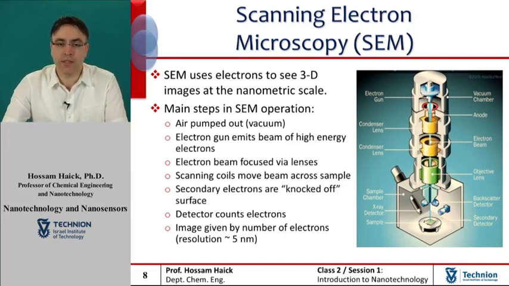The beam passes through pairs of scanning coils or pairs of deflector plates in the electron column, typically in the final lens, which deflect the beam in the X and Y axes so that it scans in raster fashion over a rectangular area of the sample surface.